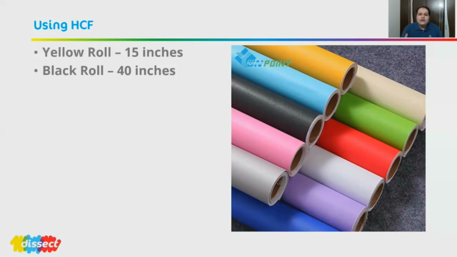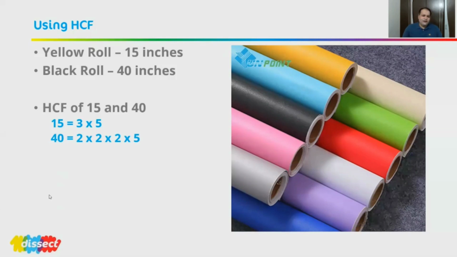You will have to cut these rolls. And if you are going to cut these rolls, you want to minimize the wastage. And how do we find which is the broadest strip that you can remove from these rolls without wasting is by using HCF. So let's say, how do we find HCF?